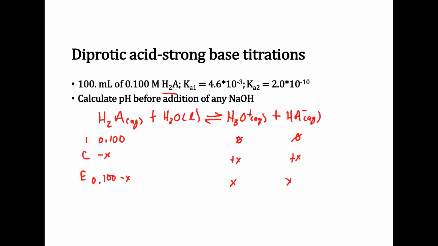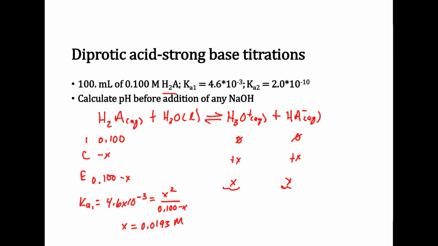Then we can use Ka1 to solve for x. Ka1 is equal to 4.6 times 10 to the negative third, and from our expression this will be equal to x squared over 0.100 minus x.